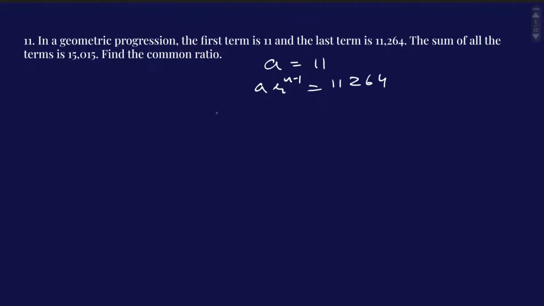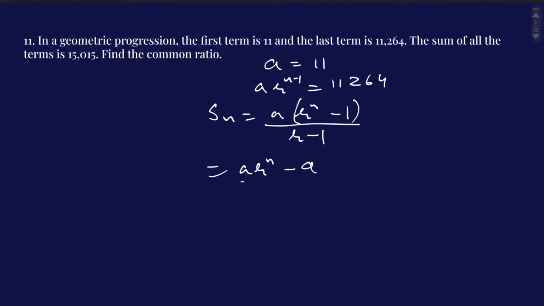So the sum of n terms of a GP is equal to a into r to the power n minus 1 upon r minus 1. So if we multiply a inside the bracket, it will be nothing but a into r to the power n minus a upon r minus 1, and the sum is given to us as 15,015.